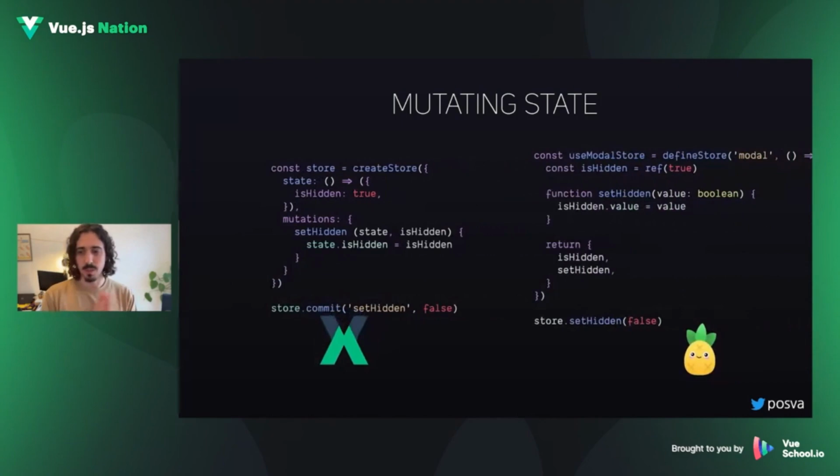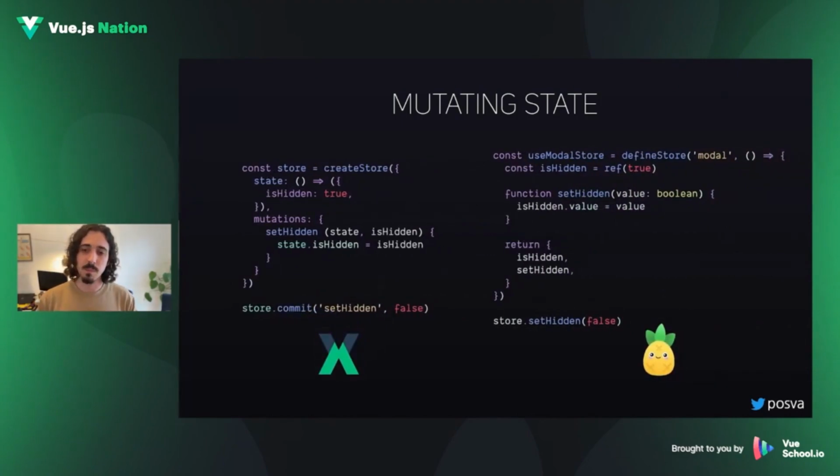Now, when migrating over to Pinia, people will transpose these to just a function, setHidden, and return that function. In Pinia, we don't have mutations. So this function becomes an action. And then people will just call that function as an action, setHidden(false). We don't have commit or dispatch.